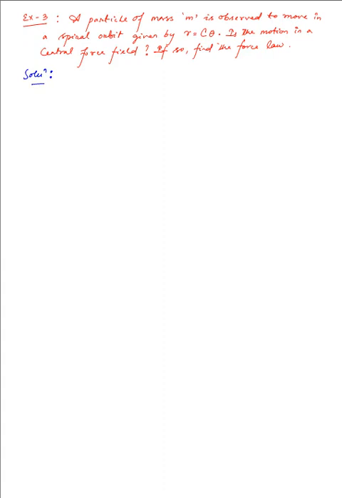Now, as far as the solution is concerned, we proceed with what we have at hand. First things first, the differential equation for the orbit, the general expression, can be given as d2u over d theta squared. Remember, u is 1 over r, so we'll be using that. So this is the more general way of representing it: d2u over d theta squared plus u is equal to minus m, and this is the force that has been provided, which depends on r, or conversely 1 over u, divided by j squared u squared, j being the angular momentum and u being 1 over r.